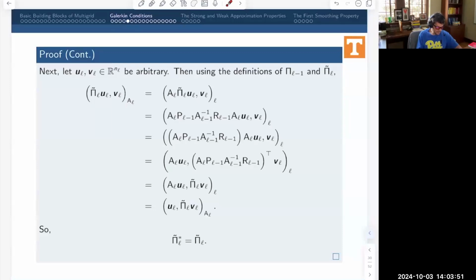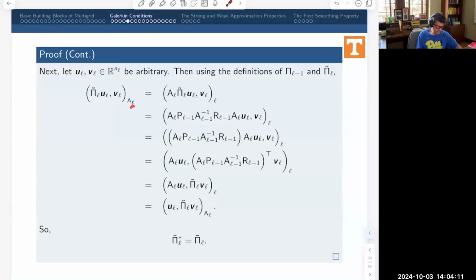Well, if we want to show that this is self-adjoint with respect to the A_L inner product, we need to show that when we move this to the other side, we just get the thing back itself. That's what I actually want to say.